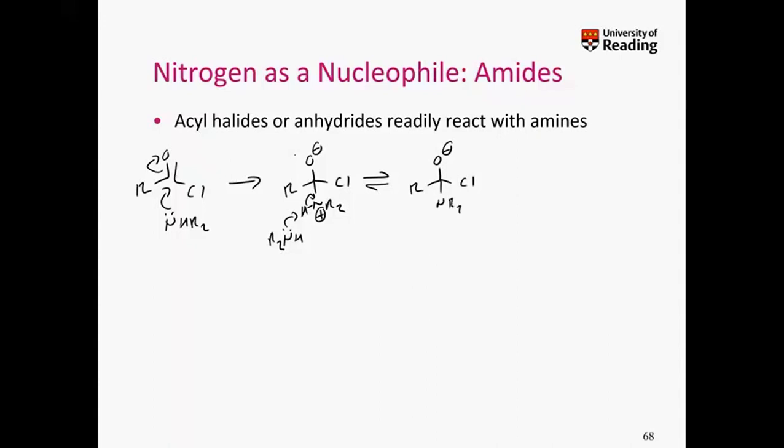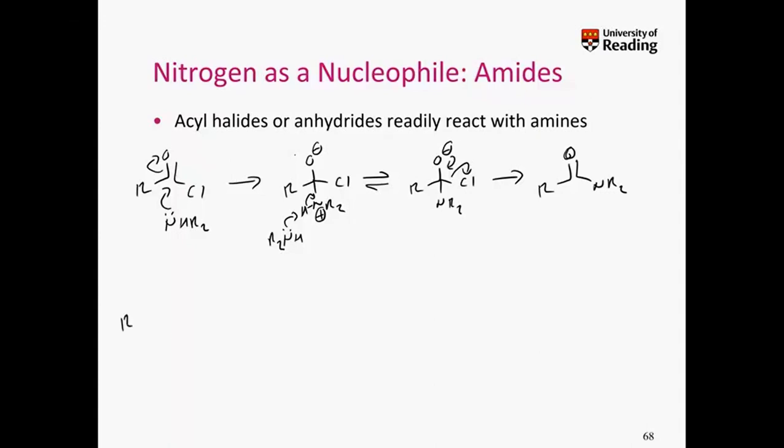So we've now just got our NR2 group there, we've lost that proton, and then we can reform the carbon-oxygen double bond and lose chlorine as a leaving group. And there we have our amide at the end of it.